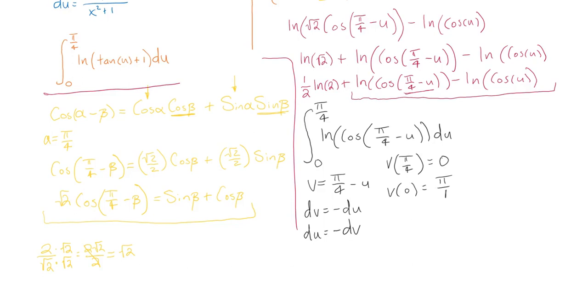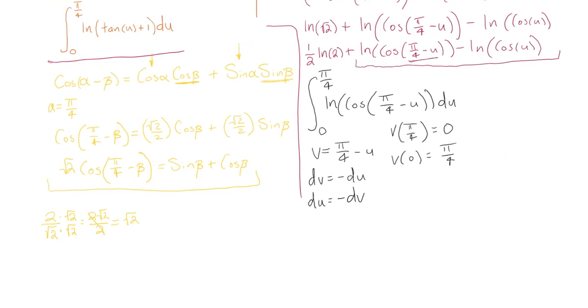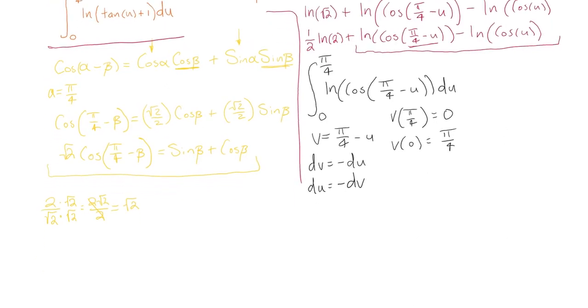So now if we rewrite this integral, then we will have the integral from pi over 4 to 0, and then we will bring our negative out front. Now this will be ln of cosine of v dv.